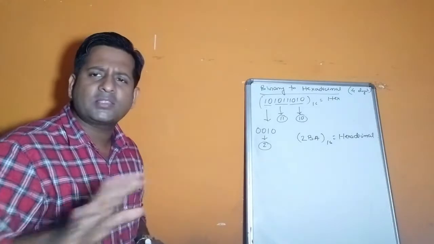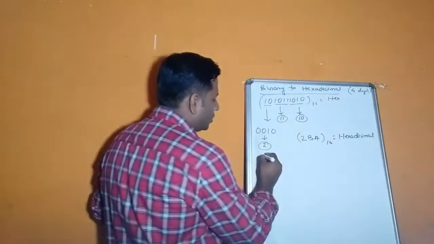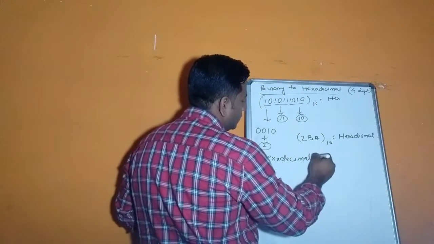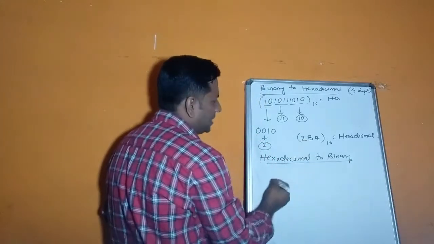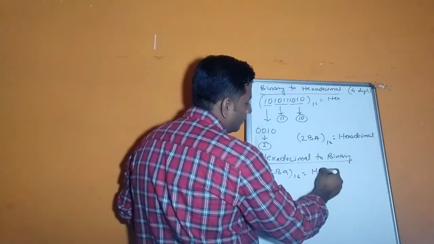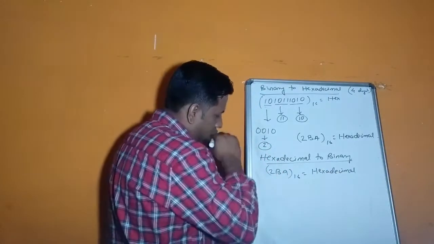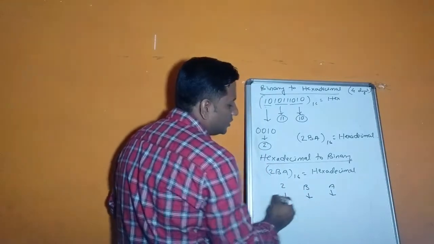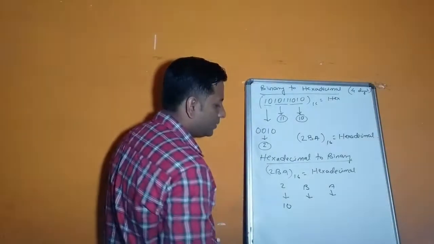It's very simple, nothing is there. The main logic is binary to decimal, decimal to binary. So let us go for the reverse part, hexa to binary. The logic is the same. If you take the same example, 2B A, just break it in binary form. 2 we know, that is 1 0.